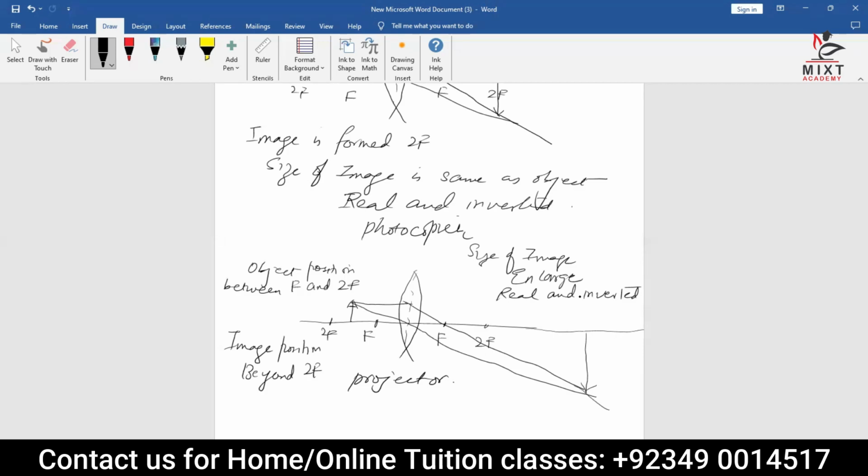Now my one question is, the projector image is actually inverted, but how will you see that image as an erect image? If you see the projector fixed in the wall, it is in the inverse direction.